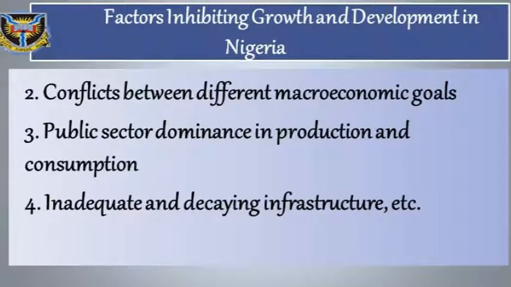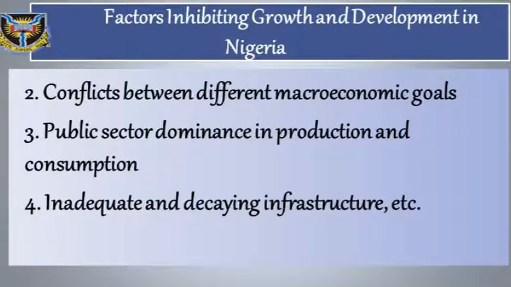Conflict between different macroeconomic goals. 4. Public sector dominance in production and consumption. 5. Pervasive rent seeking and corruption, facilitated by the fact that the government is the hub of economic activities. 6. Inadequate and decaying infrastructure.